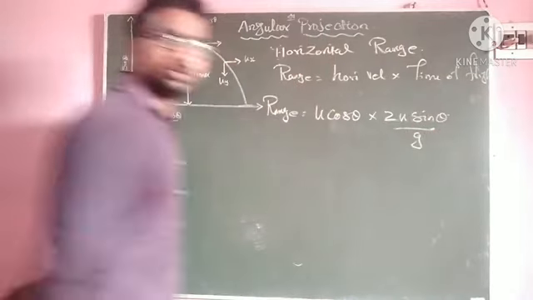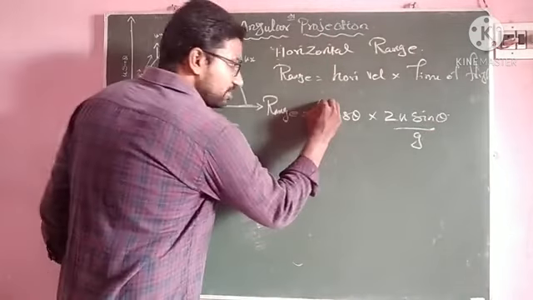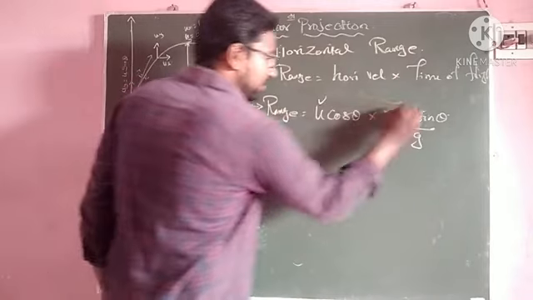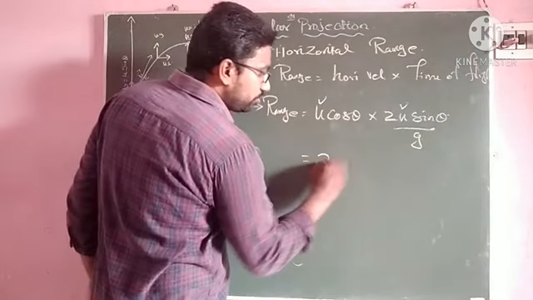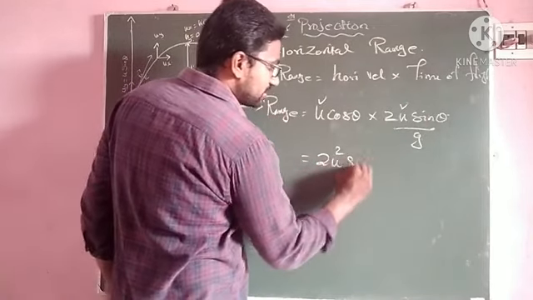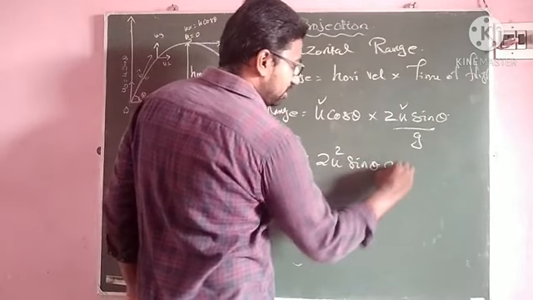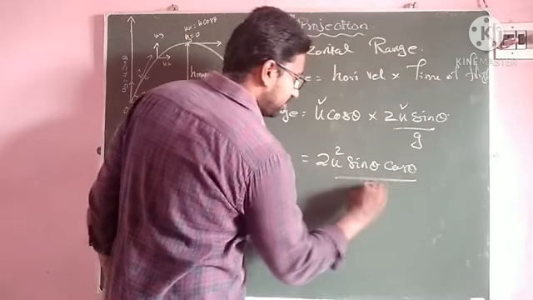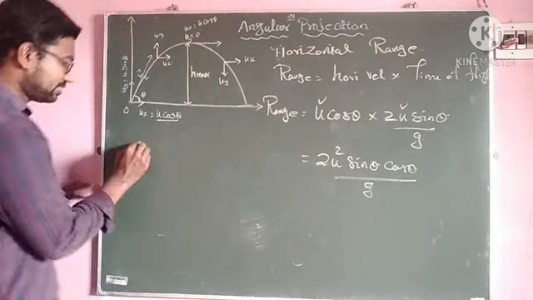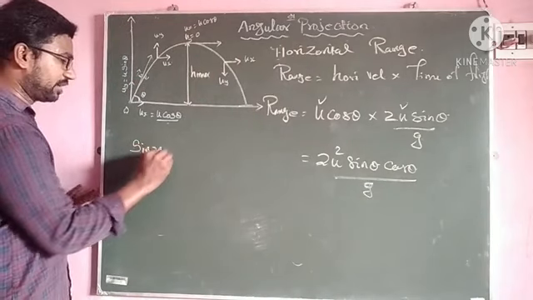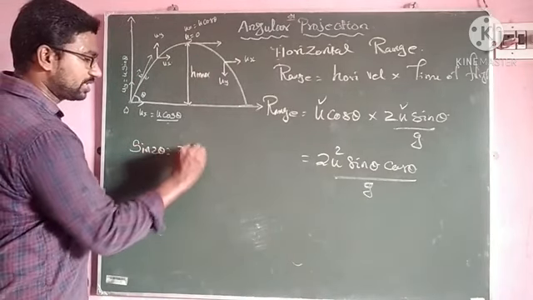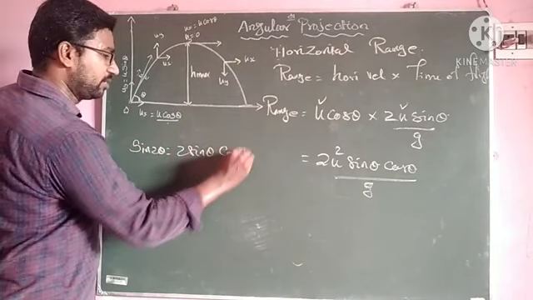Am I right? So by simplifying this equation, u and then u, so 2u square sin theta into cos theta divided by g. Do you know one thing? The sin 2 theta formula can be written as 2 sin theta cos theta.